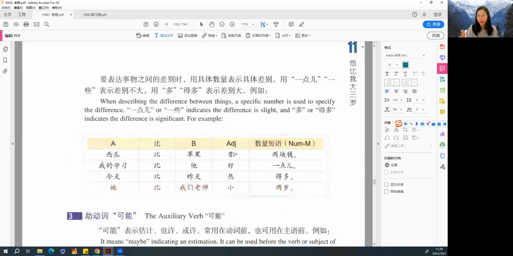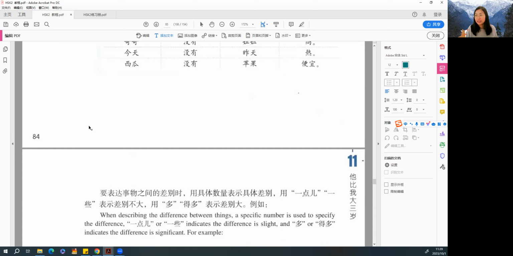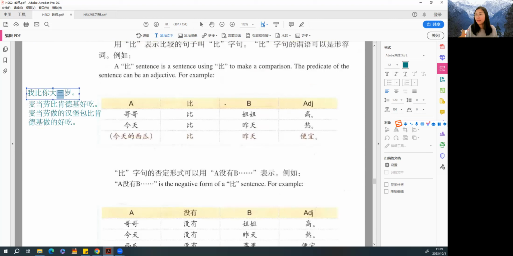So 贵, we know that this is expensive, right? And here are also the examples that we made just now, talking about the detail. At the end, we know that for comparison, at the end is always an adjective. So if we want to add details, just simply add the details at the end. Actually, this part is already finished, the meaning is already very clear.